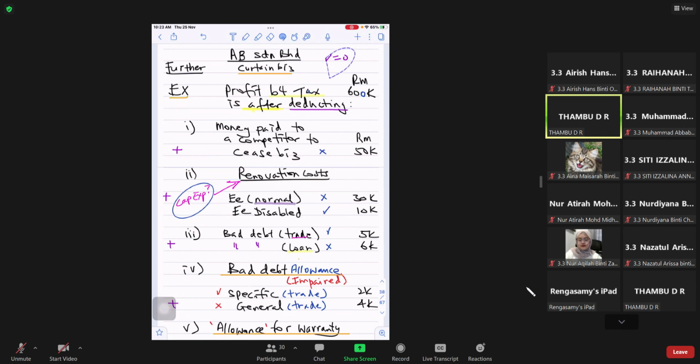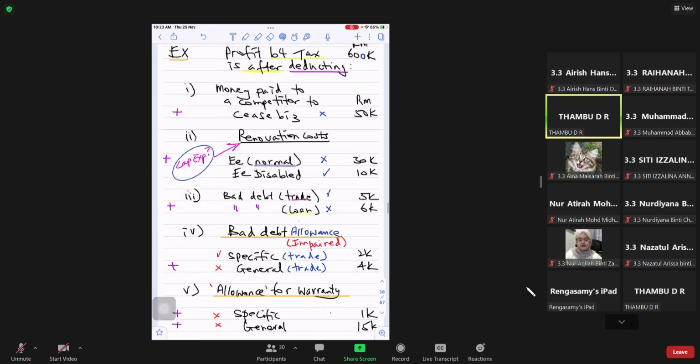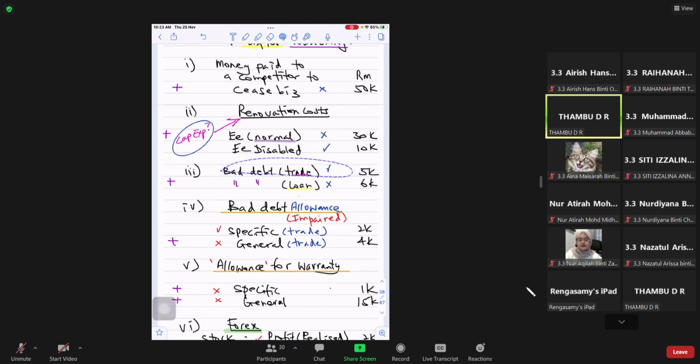Next, you look at bad debt. Bad debt written off is allowed if action is taken to collect the money. Nothing mentioned, we assume action is taken because all businesses will take action to collect money. So this one, assume action taken, trade, allow.